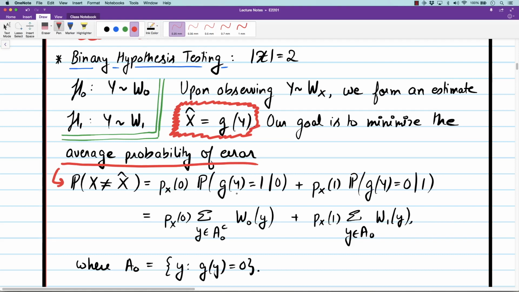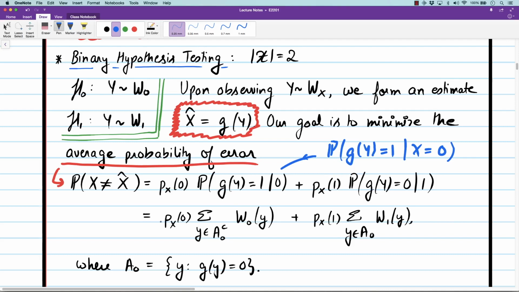So this is the first part of the error probability: P_X(0) multiplied with the probability that g(Y) equals 1 given X equals 0. Plus the probability that X equals 1, multiplied with the probability that g(Y) equals 0 given X equals 1. So the probability that you declared 0 given that x was 1, and the probability that you declared 1 given that x equals 0. This is the probability of error.